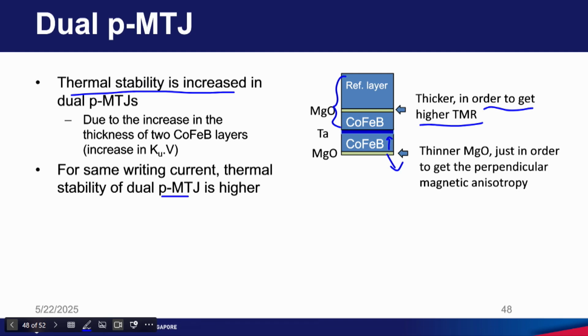So for the bottom side, they will use thinner magnesium oxide. Okay, because here your magnesium oxide is not useful for reading. You just want to have this interface to get perpendicular magnetic anisotropy. So they make the MgO thinner. Okay, so these are the fine aspects of this particular design.